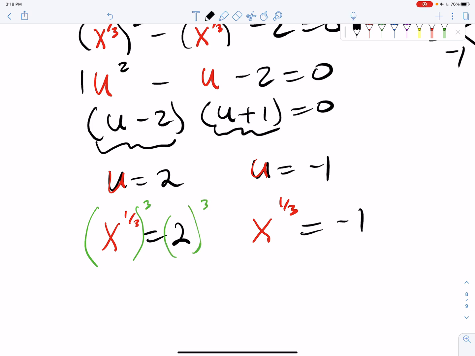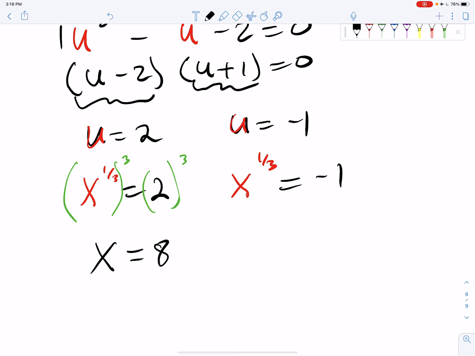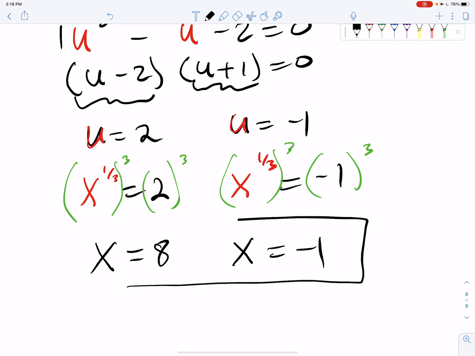By undo, I mean it makes x to the first, which I'm always solving for. 2 cubed is 8. Raise both sides to the third power. This gives me x equals -1 cubed, which is -1. Got my final answer, x equals 8 or x equals -1, and that is it.